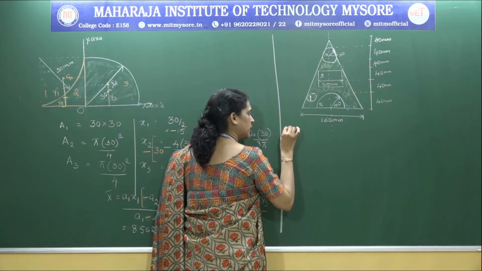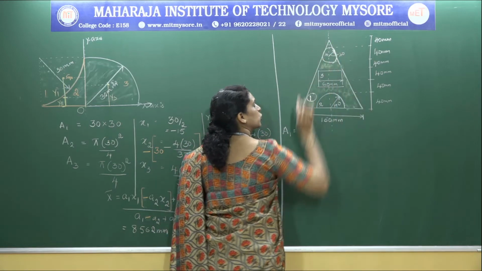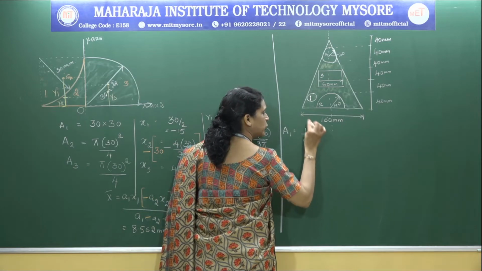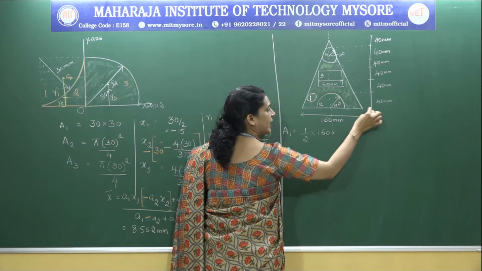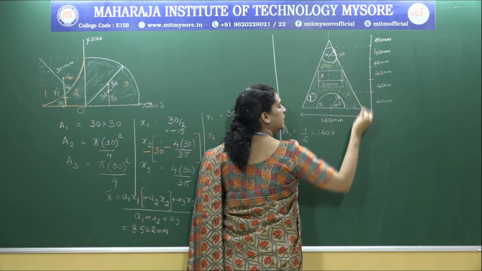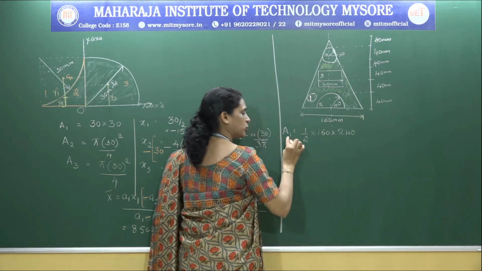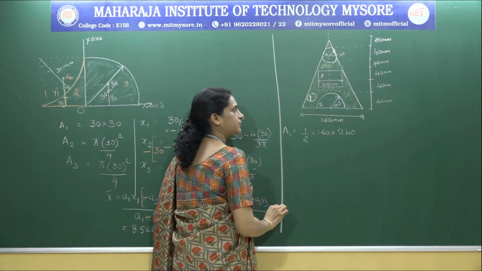So, what is the area of the first section? That is area of the triangle, half into base, 160, into height, 1, 2, 3, 4, 5 and 6. 6 4s are 24, it is 240 mm. So, this is the area of the bigger triangle.